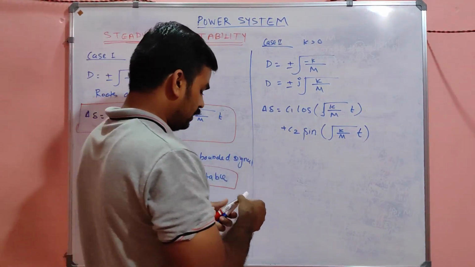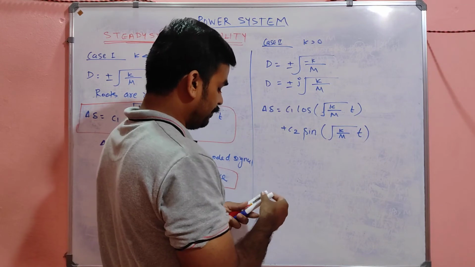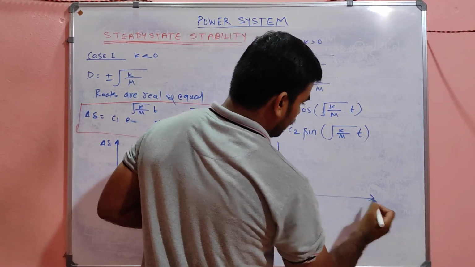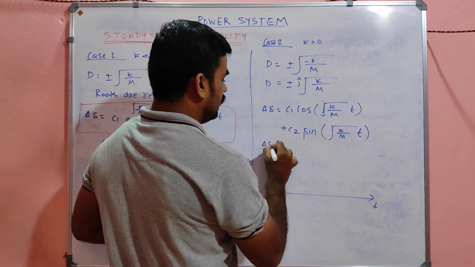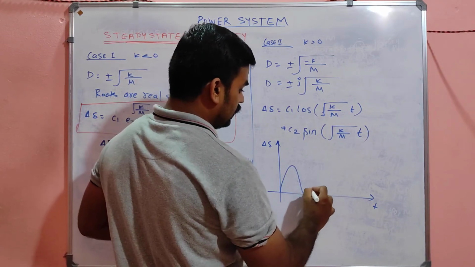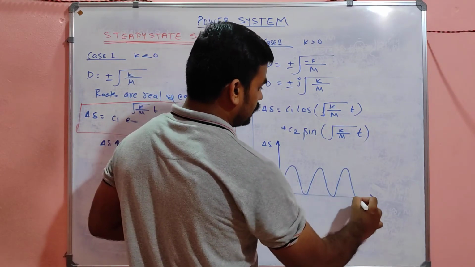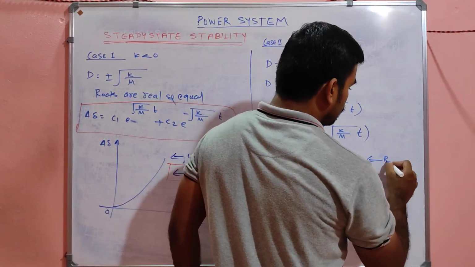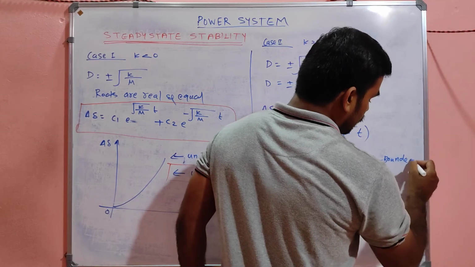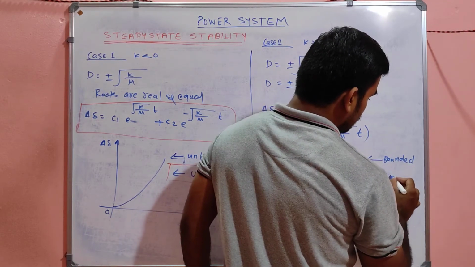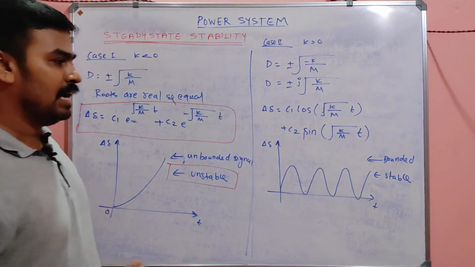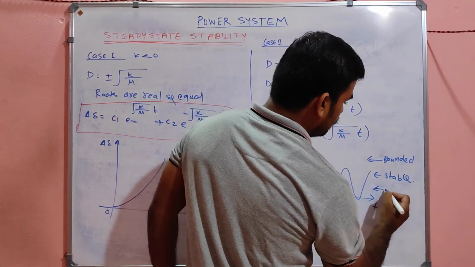If you plot a graph between time against del, this will be the function. This is a bounded signal. Hence it is stable also.